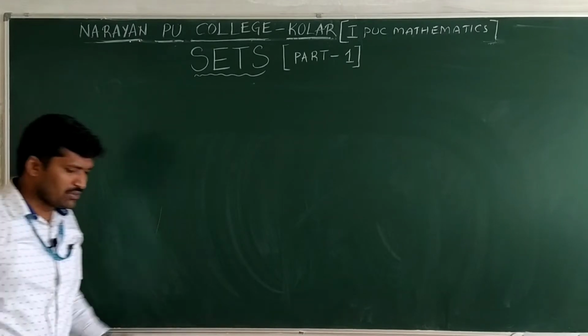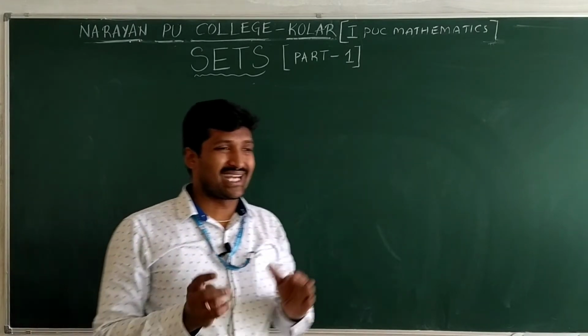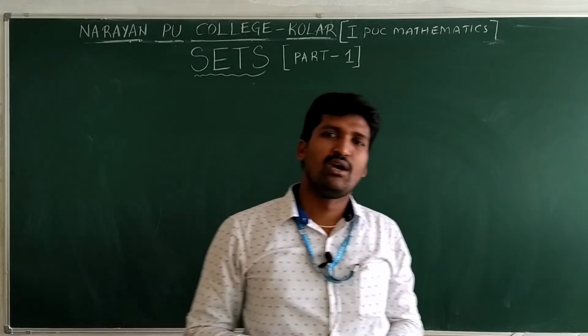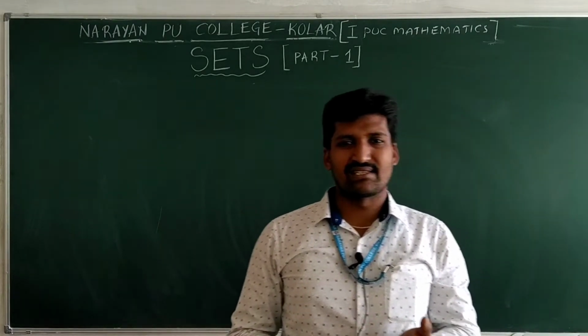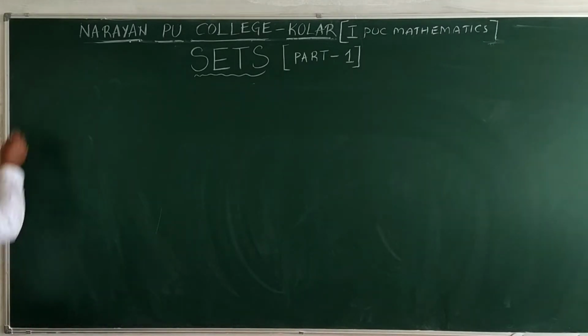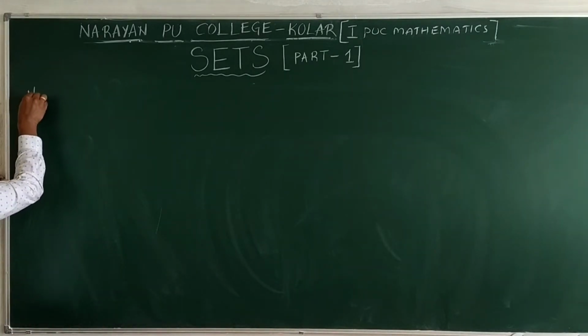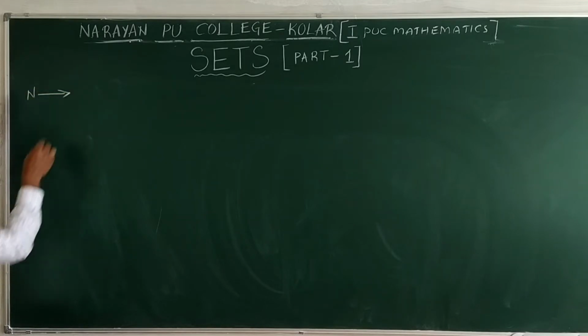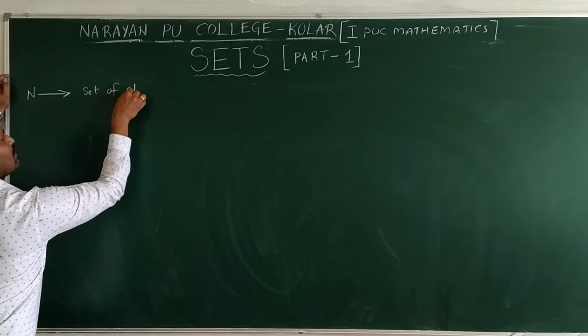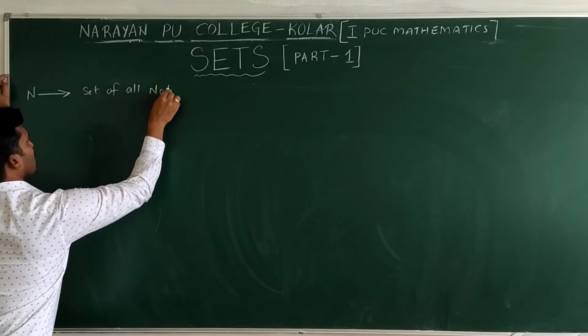Now a few symbols we are using in mathematics for the collection of numbers. For example, set of natural numbers, whole numbers, integers, real numbers, rational numbers, these all are there. Now, first, what is the meaning of capital N? Capital N gives the set of all natural numbers.